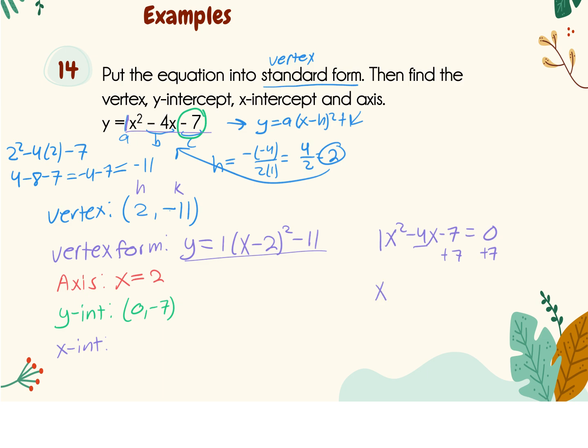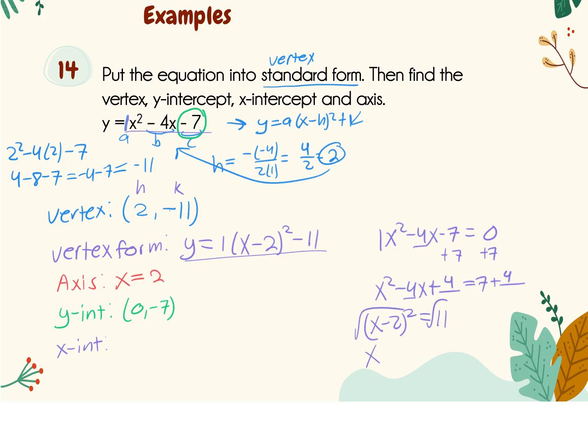Add 7 on both sides. I get x squared minus 4x plus a blank equals 7 plus a blank. And this is going to get us a 4, right? Take b over 2 squared, and that's going to get you a positive 4. And then we get x minus 2 squared when we factor the perfect square trinomial equals 11.